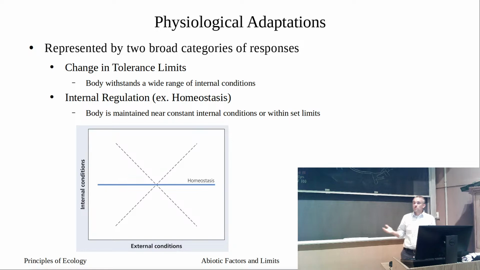This is homeostasis. That's what this graph is saying. You've got a range of external conditions. If we're going to have this internal regulation, our internal conditions should stay in narrow bounds across the range of external environmental conditions.